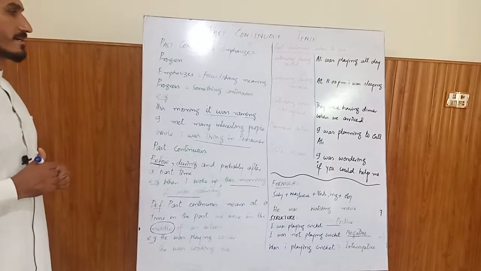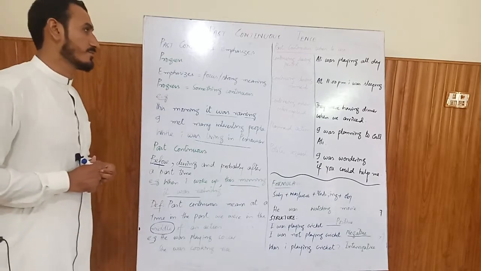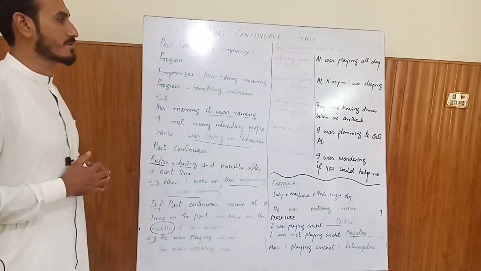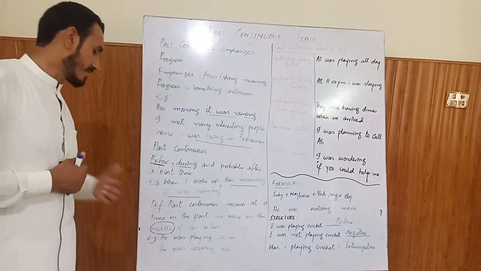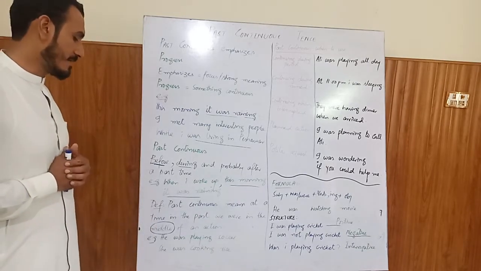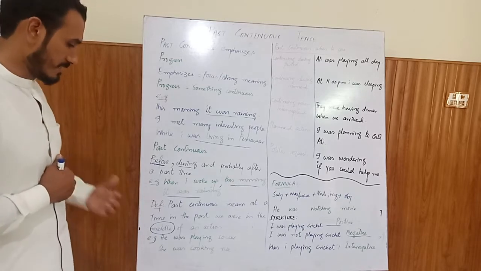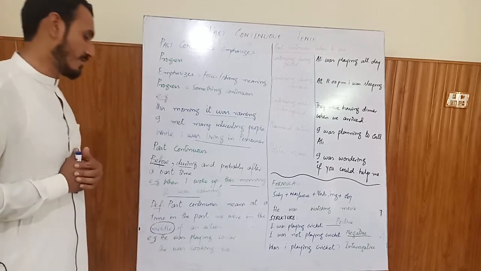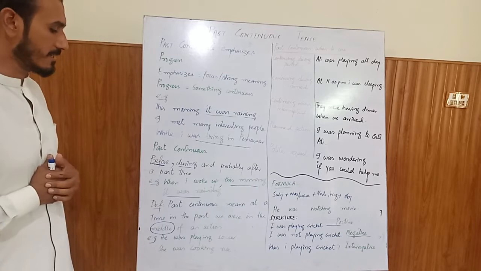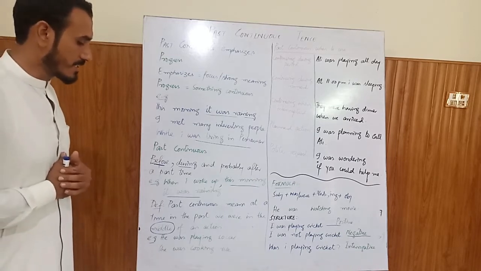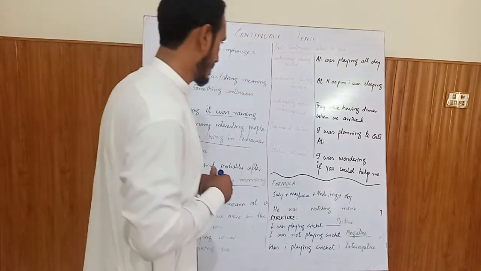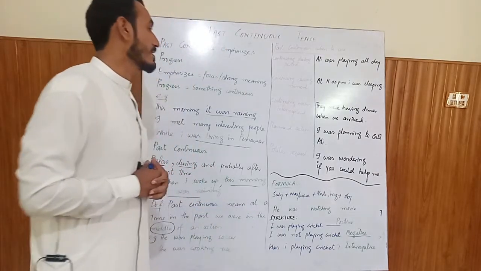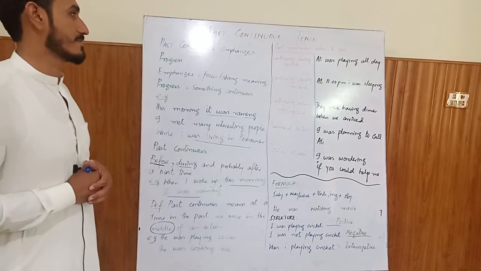The actions are completed, but when we are explaining to someone, progressive means which are continuous and in the middle of an action. He was playing soccer. She was cooking rice. So something which is continuous.